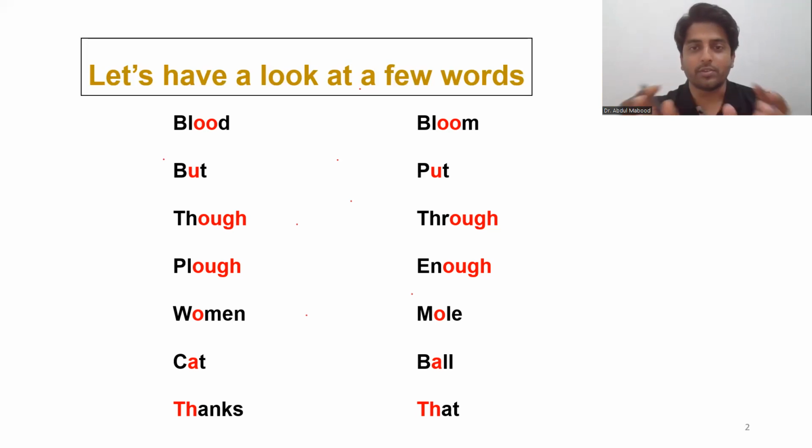How would you differentiate? In this case, the English alphabet lacks the option. We really don't have any option to write the proper sound of words. Phonetics revolves around this fact.